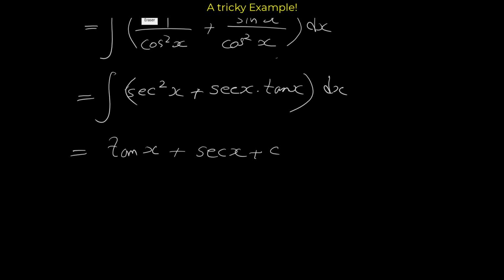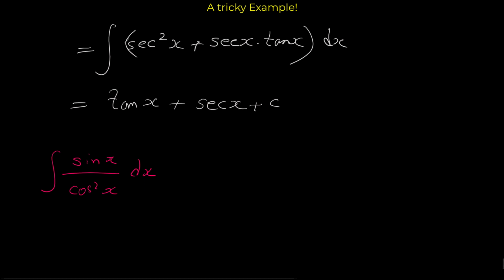That's another way of finding the integral of sine x over cosine squared x dx with the substitution method. Let's do a substitution. And of course the answer would be this, but we use substitution. We choose u as cosine x, the denominator, not all of the denominator, just cosine.